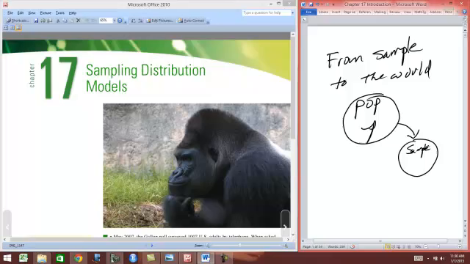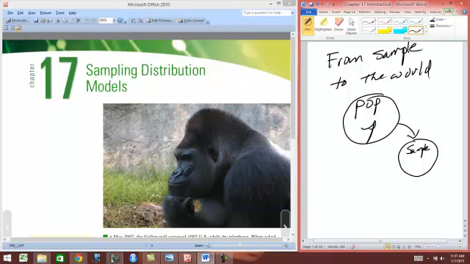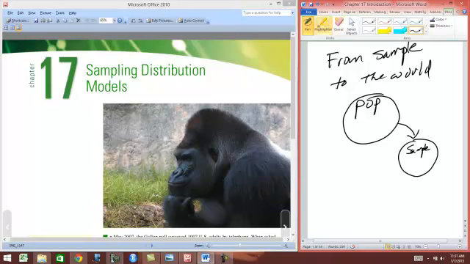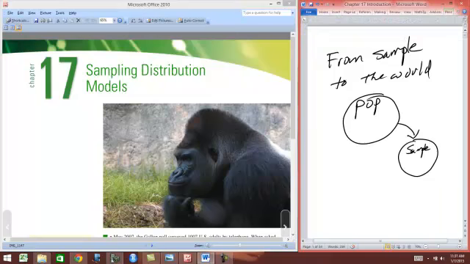And from that representative sample we take a sample statistic, which is designated by lowercase italic p with a little caret on top. It's called p hat.